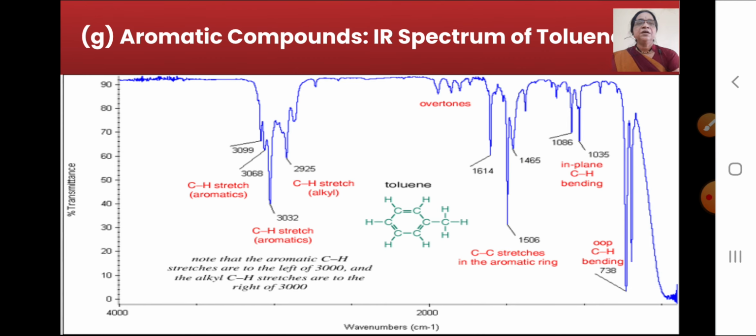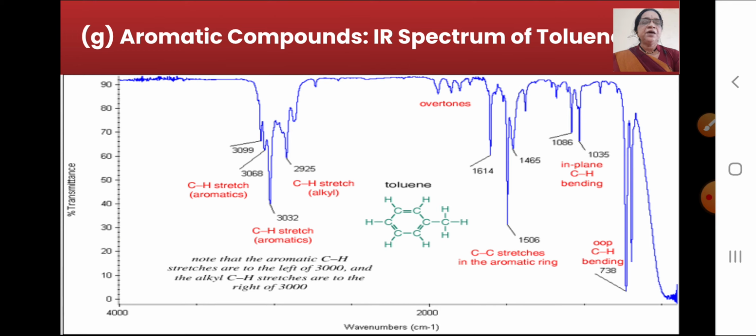Now see the case of aromatic compounds. Here we have taken the example of toluene. In this aromatic hydrocarbon, the aromatic CH stretches are to the left of 3000 and the alkyl CH stretches are to the right of 3000.